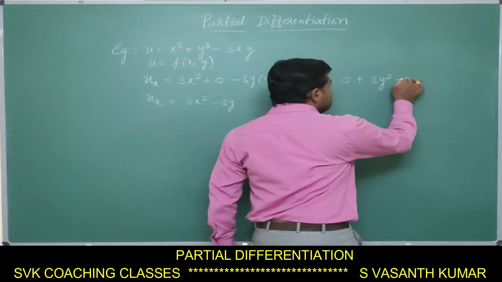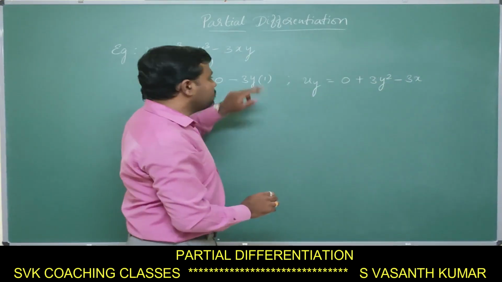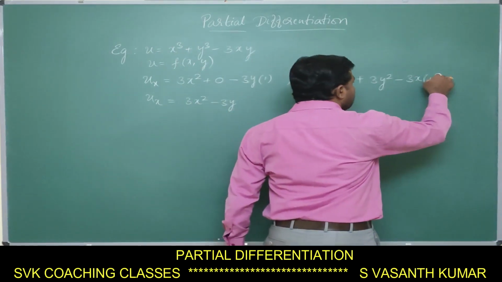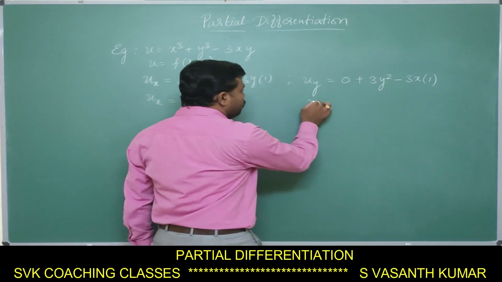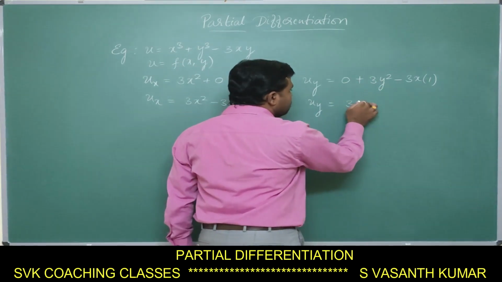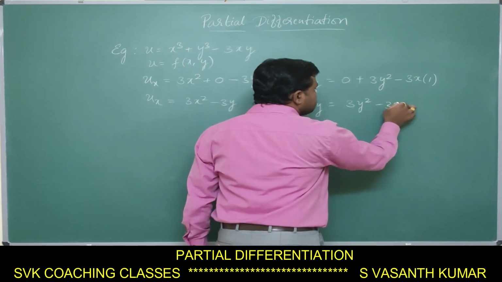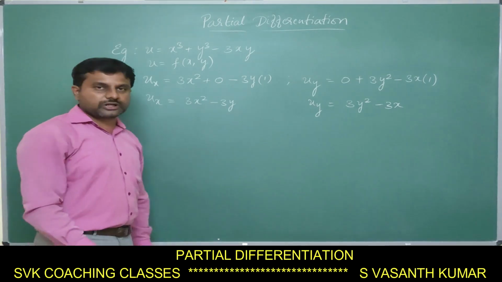Minus 3x is constant. Derivative of y with respect to y is 1. So therefore uy is 0 plus the sum of this, which is nothing but 3y square minus 3x. This is the partial derivative of u with respect to y.